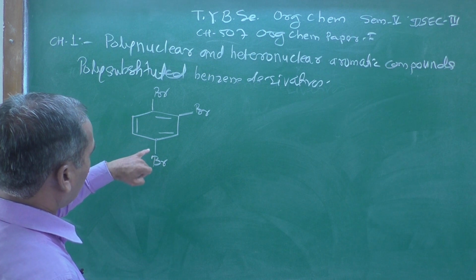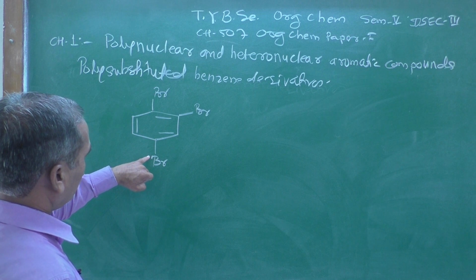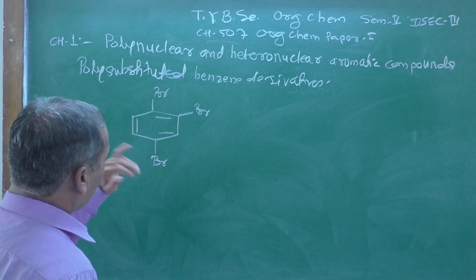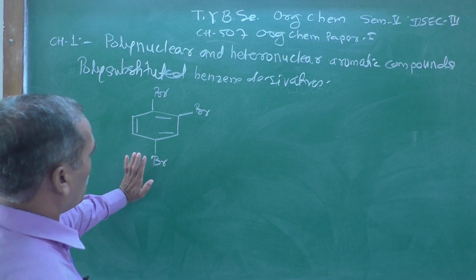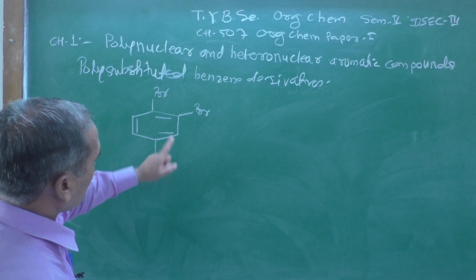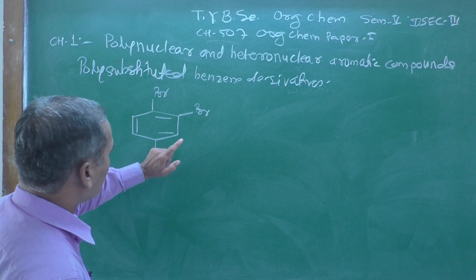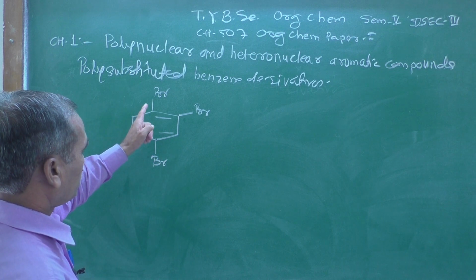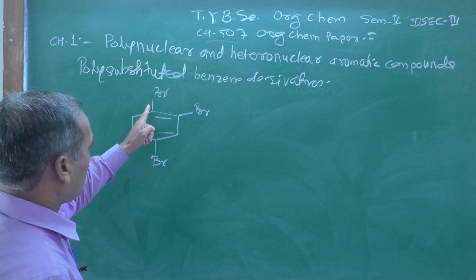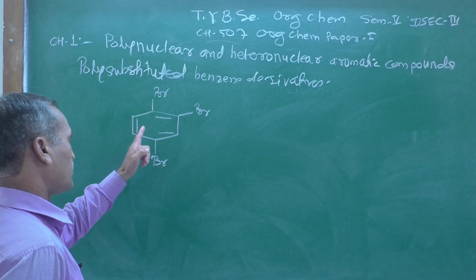Suppose one bromine atom is here. Can you start the numbering from this bromine atom? No. Do you start the numbering from this bromine atom? That is also not correct. Can you start the numbering from this side? Yes.